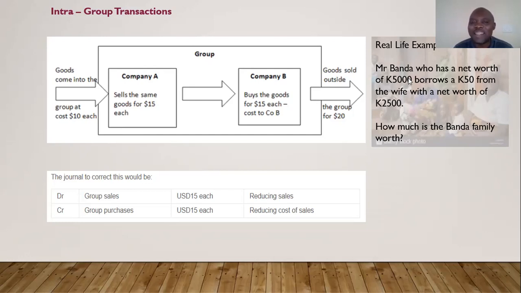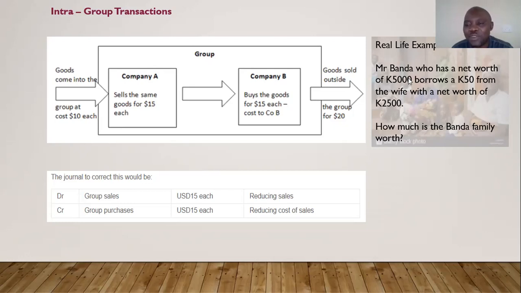In a similar manner, when B purchased those 15 kwacha goods, B has to cancel them. So you are debiting group sales and crediting purchases. In short, you are just canceling the group transactions.